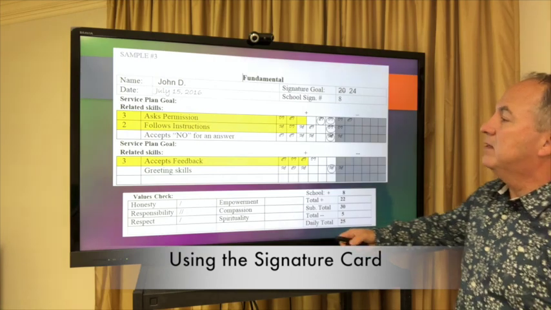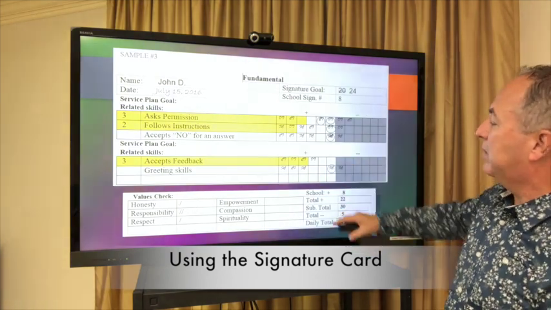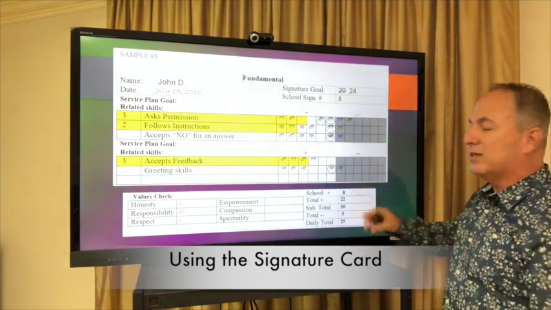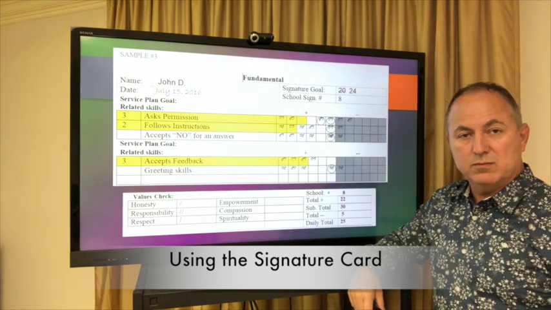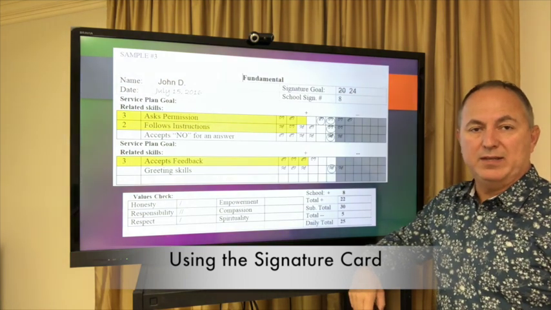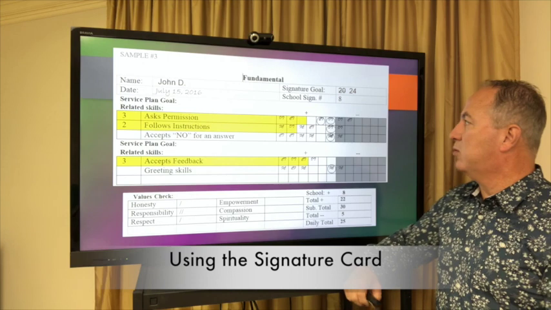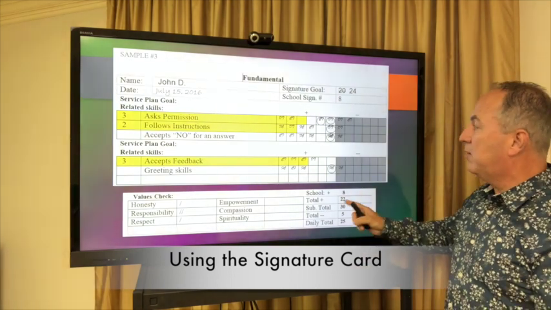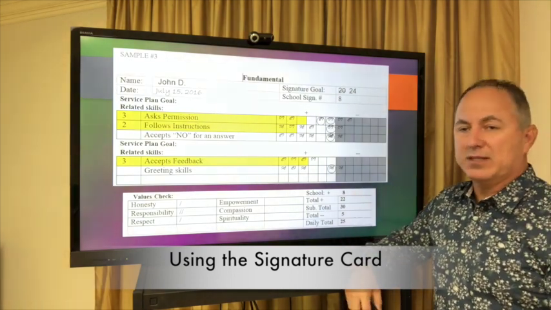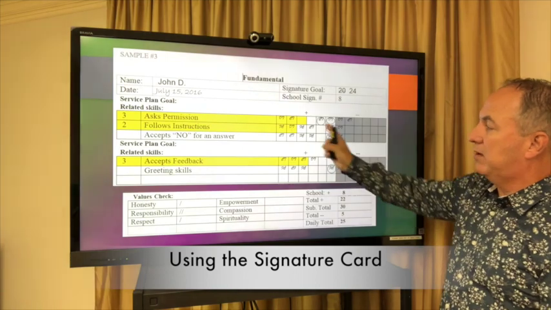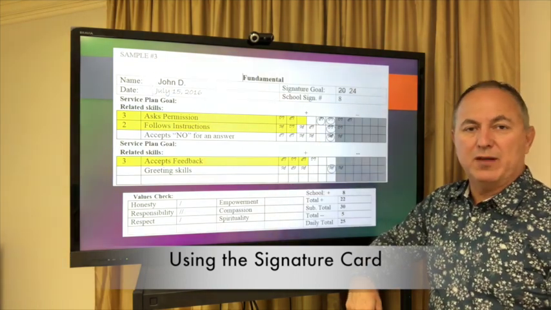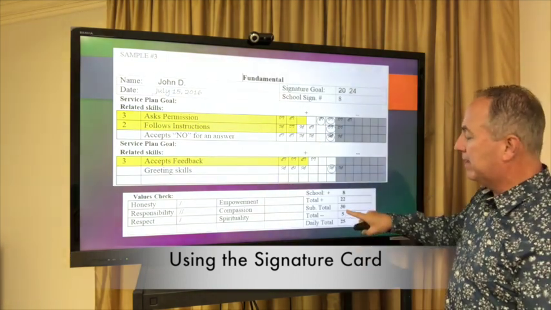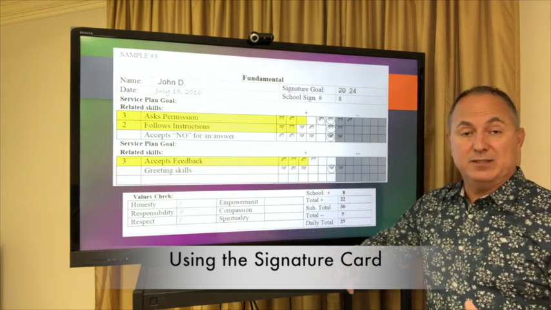All right? So if we look at this and count up, John got all 8 of his school signatures for that day. He got 8 points from school. He also had 22 positive signatures that came just from staff teaching interactions throughout the day. That gives him a total of 30 positives.